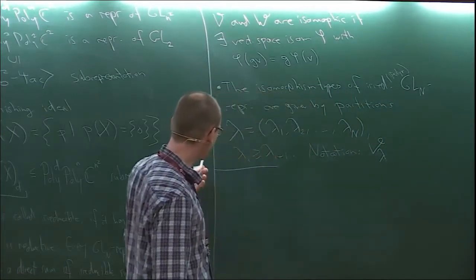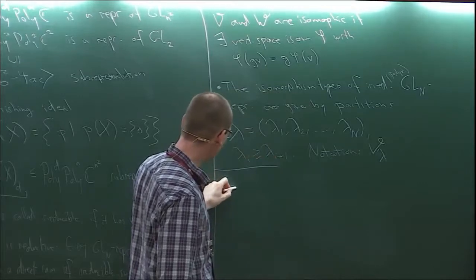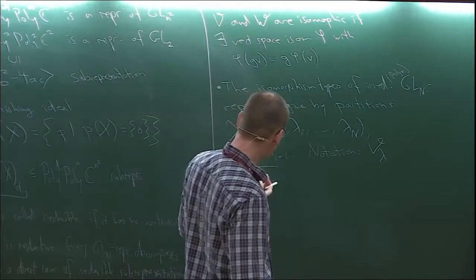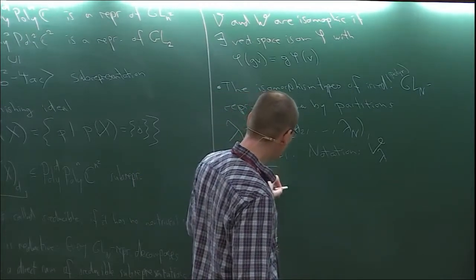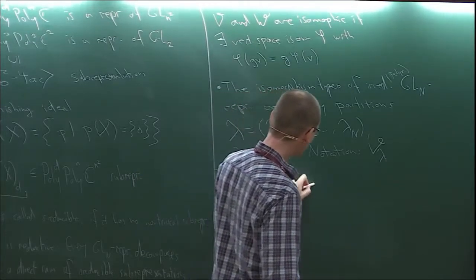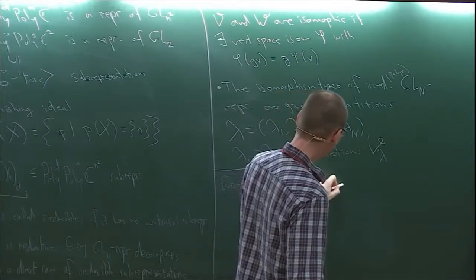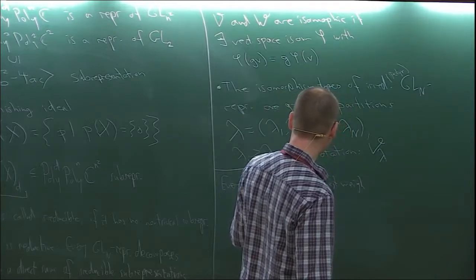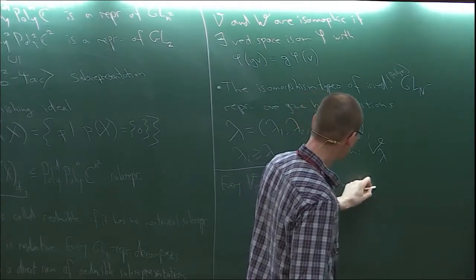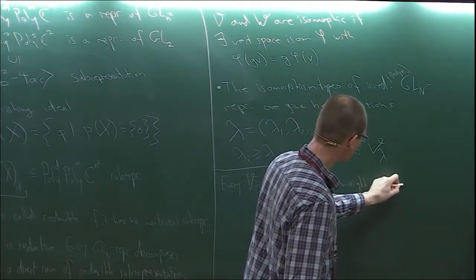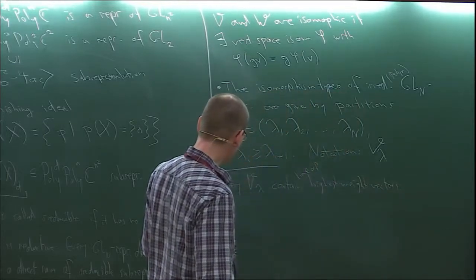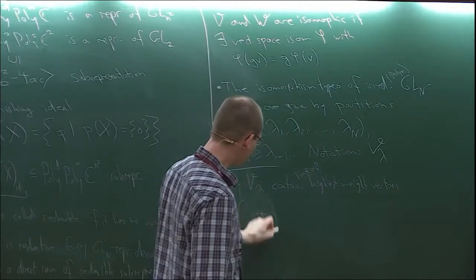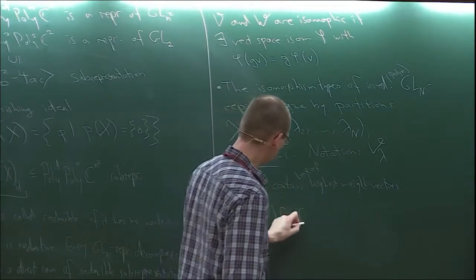So there's V lambda, and every V lambda contains precisely one line, up to scale, a line of highest weight vectors. A highest weight vector is the following. The first property is that upper triangular matrices do not change your vector.